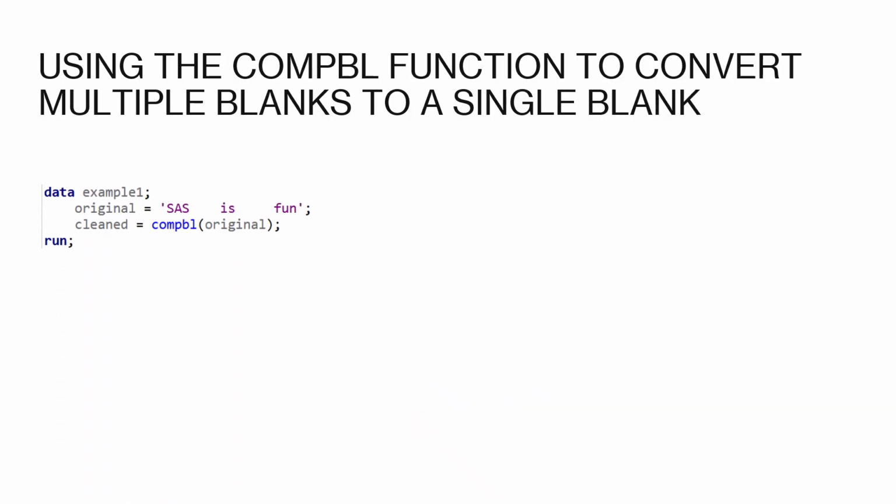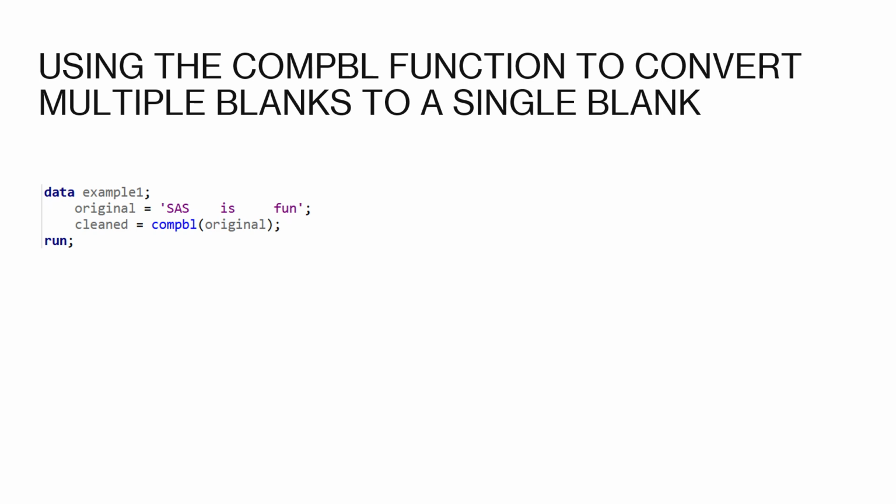Now let's see some examples of how to use the COMPBL function in SAS to change multiple blanks to a single blank. Right now I'm showing you one data step where the original value I'm providing is "SAS is fun", but it has multiple blank spaces between "SAS is" and "fun". I want to clean this original value by removing the multiple occurrences of blank to a single blank.